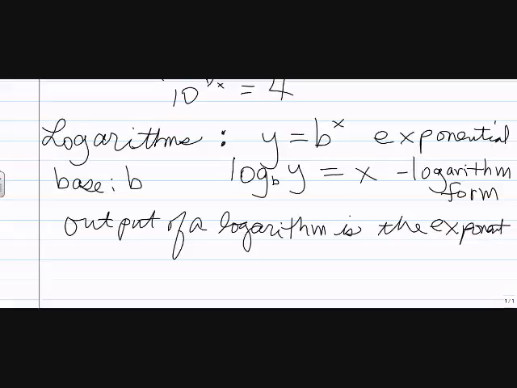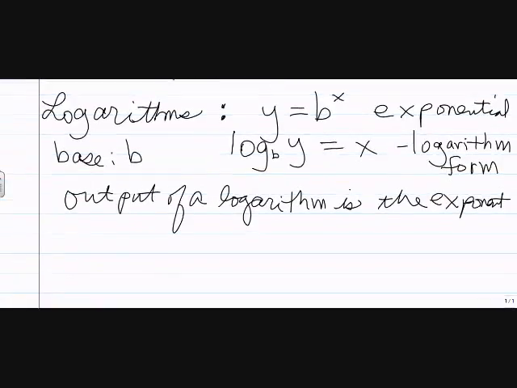Alright, so let's see how that works. If I say 9 equals 3 to the second power, that's in exponential form. If I want to write that in logarithmic form, I write log. Now that 3 was my base in the exponential equation, so that 3 becomes the subscript 3 right by the log.